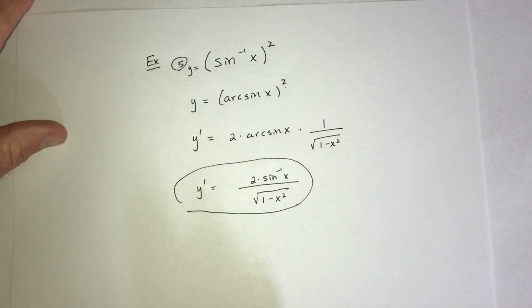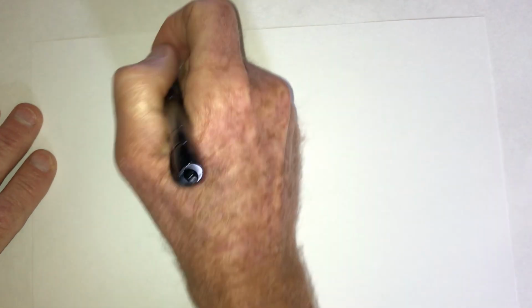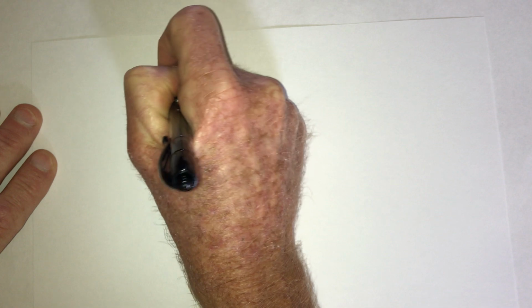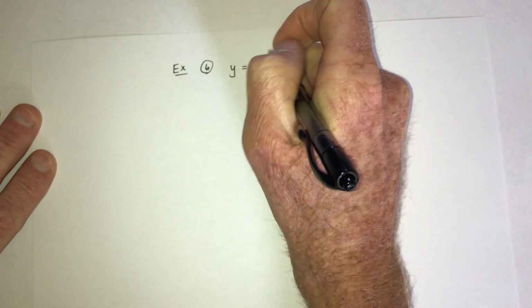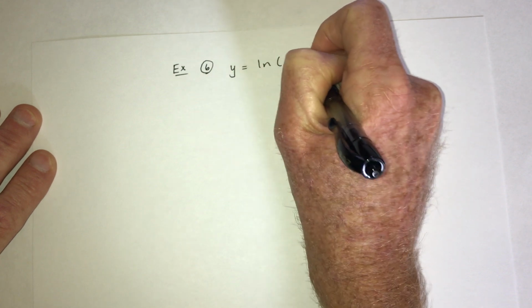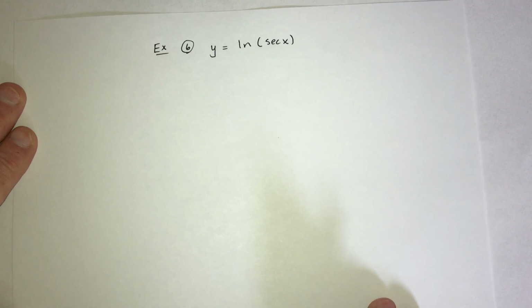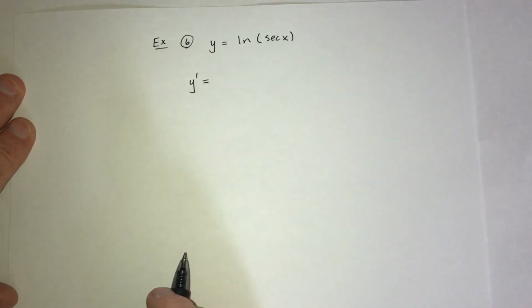Okay, that was example 5. Now on to one more example. Example number 6. How about y equals the natural log of secant of x? So on the left side, y prime equals.